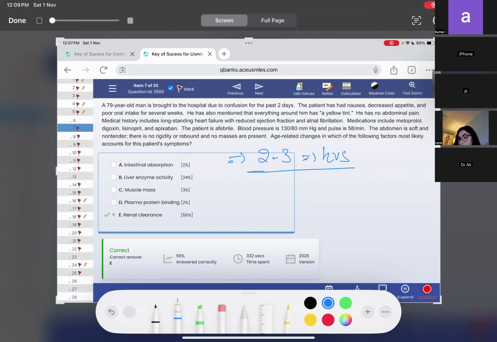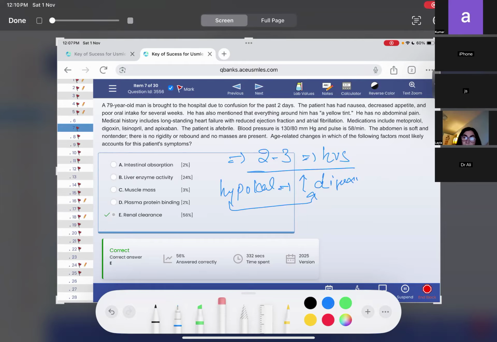Because in every aspect they will ask you a question related to digoxin. Digoxin can cause life-threatening arrhythmias due to hyperkalemia, and if the patient has hypokalemia, it will also increase digoxin toxicity because potassium no longer competes with digoxin.